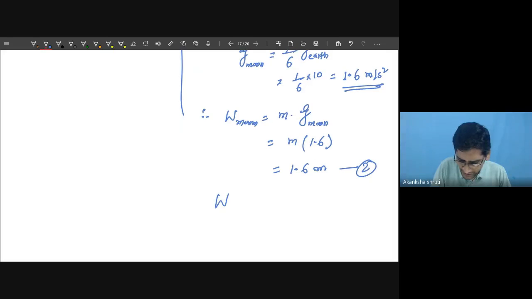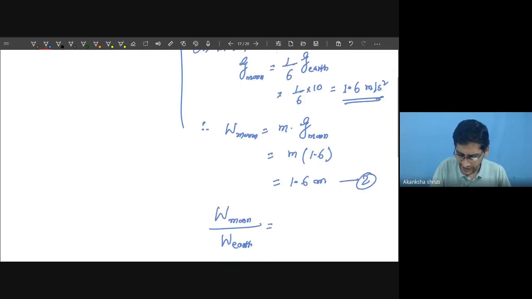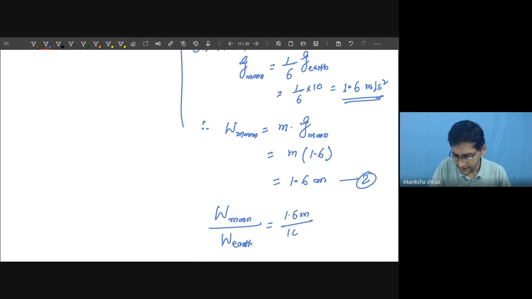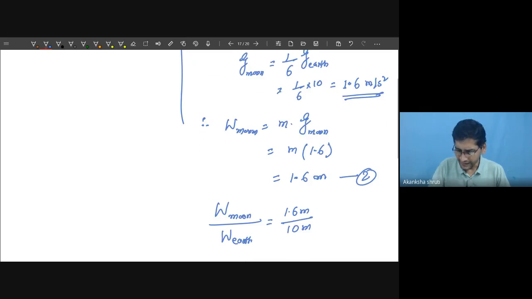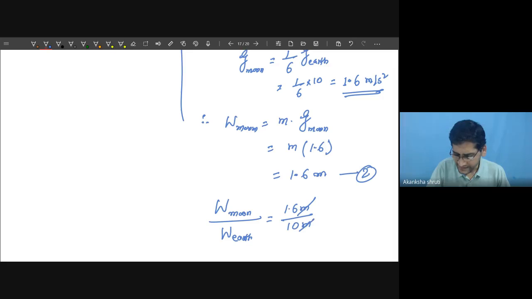So here we can observe that the weight of the body on moon by the weight of the body on earth is given by how much? 1.6 that we have taken, m divided by 10m. Again the same thing, 1.6 m is what? 1 by 6 of 10. So m will get cancelled.